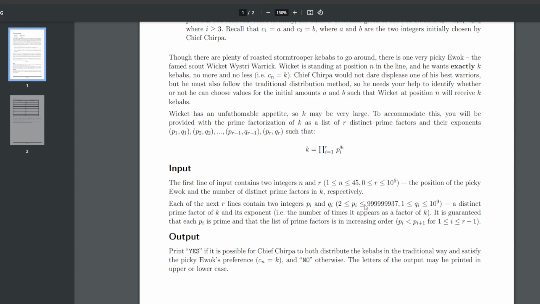Oh, I see. Okay. Well, it should pass samples now. Yeah, it passes samples. I'm just gonna submit this.